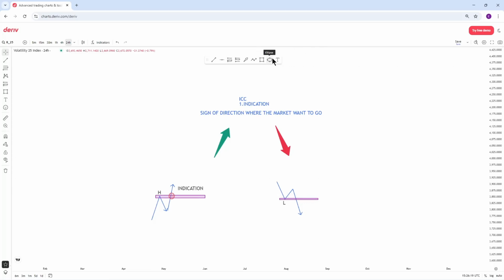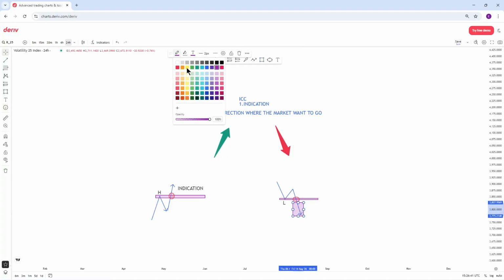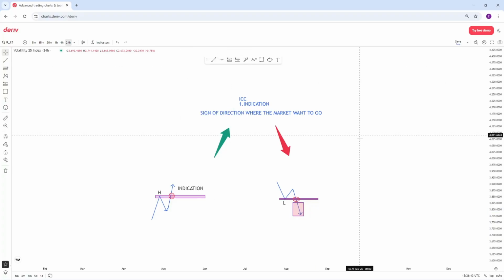The market breaks a support level, showing selling pressure. This type of move signifies that there is selling pressure. So this is our indication to the downside, and this is our indication to the upside.